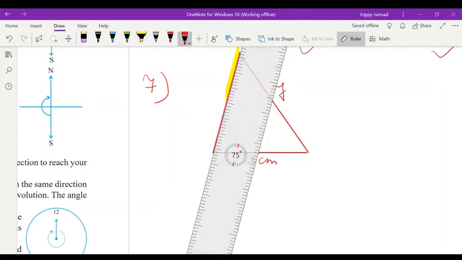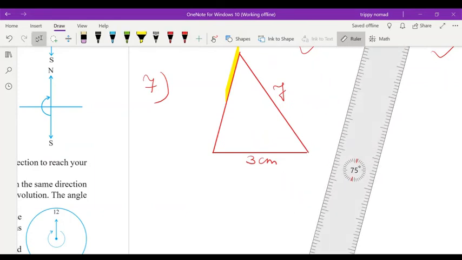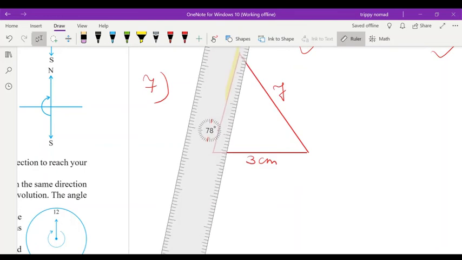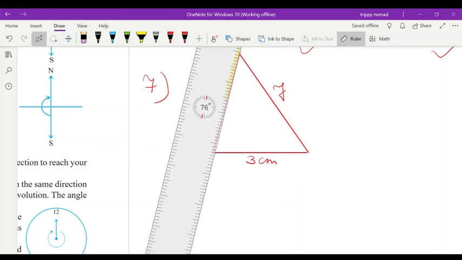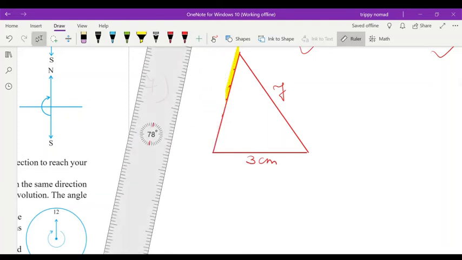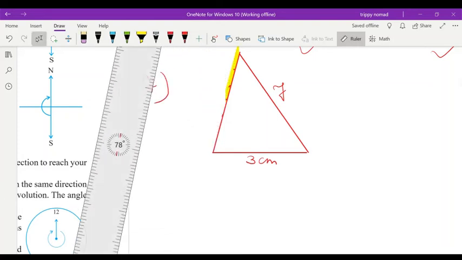By mistake I have taken the marker. And this one, how much? Let me measure this. This is 1, 2, 3, 4, 5, 6, and a little more, estimated 7.